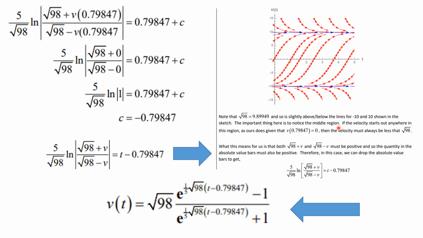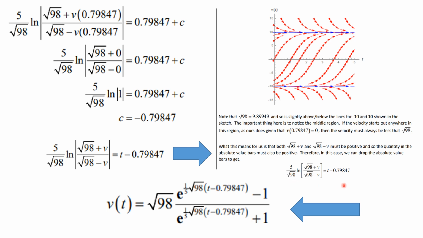We know that if the velocity starts out anywhere in this region, and ours does because it's at 0, then the velocity is always less than that. And that means both this and this are positive, so the quantity in the absolute value is positive. Therefore, we can replace those absolute value bars with just brackets, and we can solve for v.